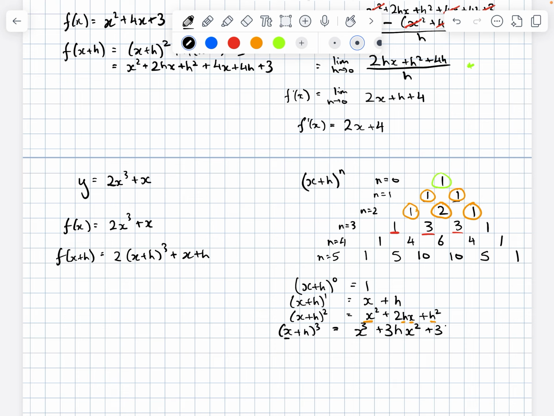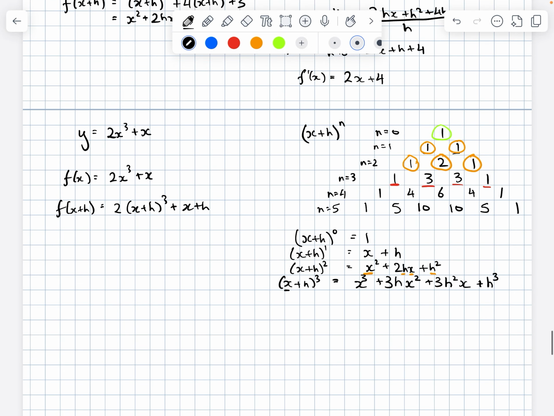I'm going to increase the power of the h by 1 and reduce the power of x by 1, plus 1. I'm going to reduce the power of x by 1 more to make it gone, and increase the power of h by 1 to get h to the power 3. And that is how we expand this without doing any extra steps.